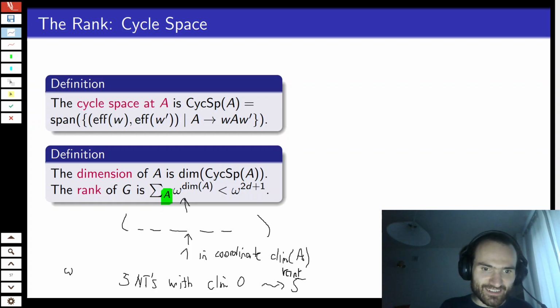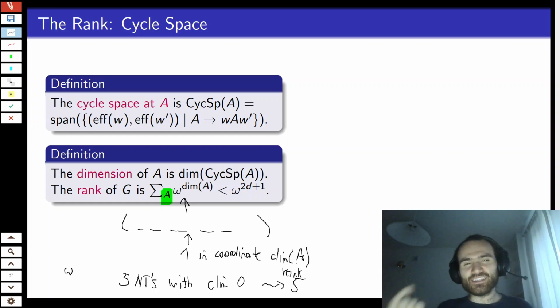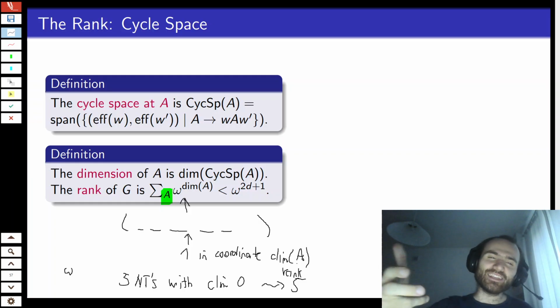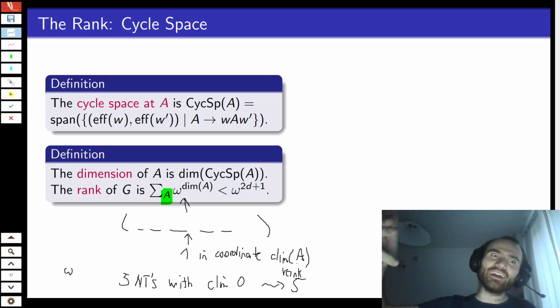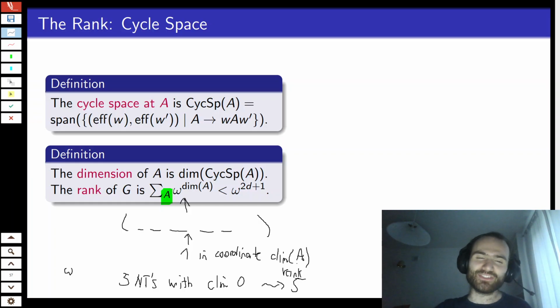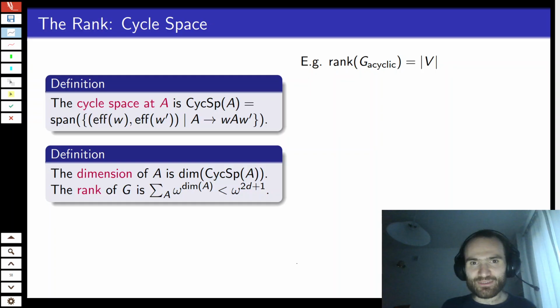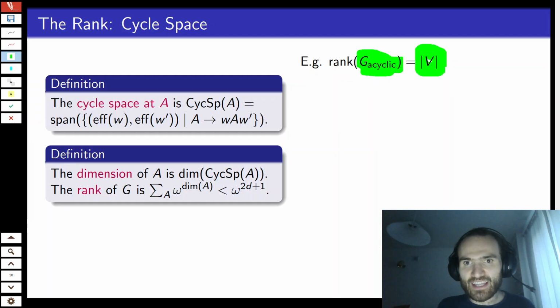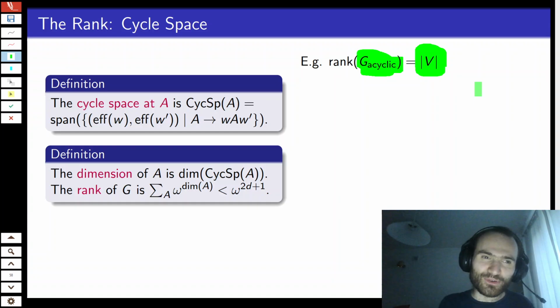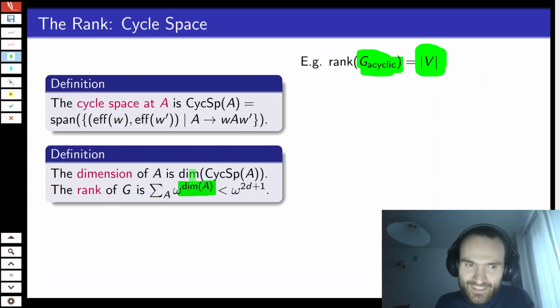So this again, just like in VASS, ensures that a single non-terminal with a higher dimension is worse than having arbitrarily many non-terminals with smaller dimension. As a few examples, if you have some acyclic grammar, then you get the number of non-terminals as the rank, because you don't have any cycles, so every single non-terminal has dimension 0.